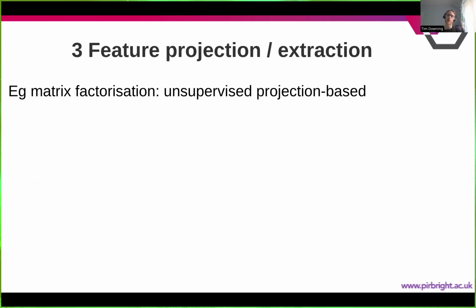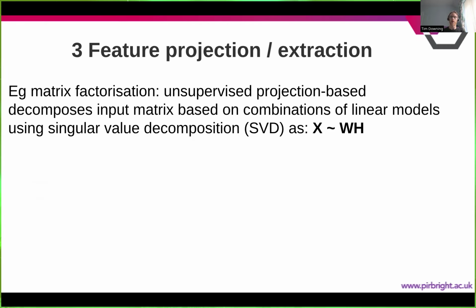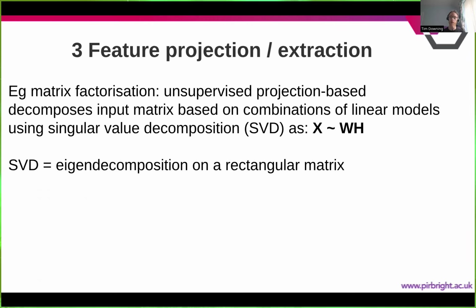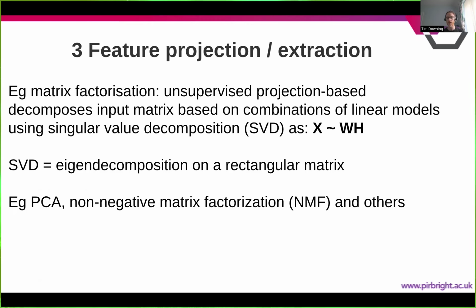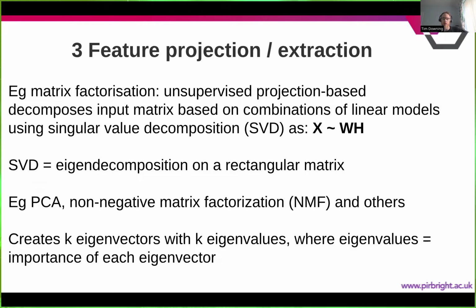A very common unsupervised regression-based approach is matrix factorization. So that's a very common method where we are using singular value decomposition, SVD, on a matrix X to produce W and H, those matrices from which we can extract more information. Typically, these are rectangular matrices. An example that we're not talking about in the course is non-negative matrix factorization, but PCA belongs to this as well.